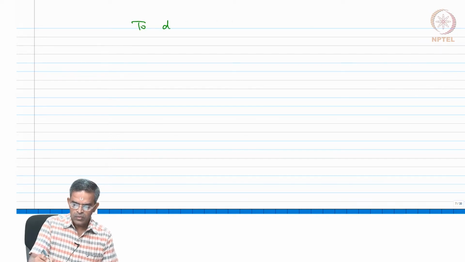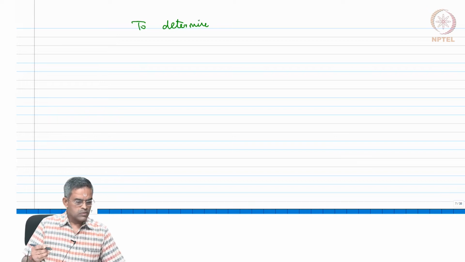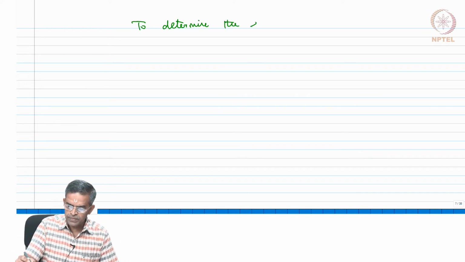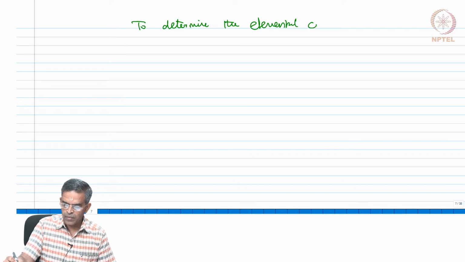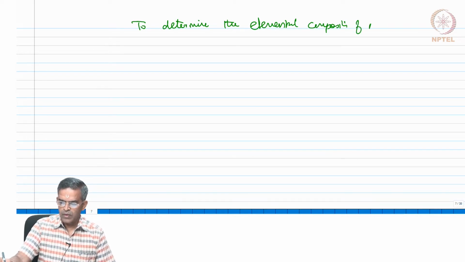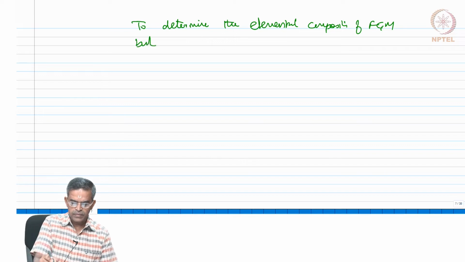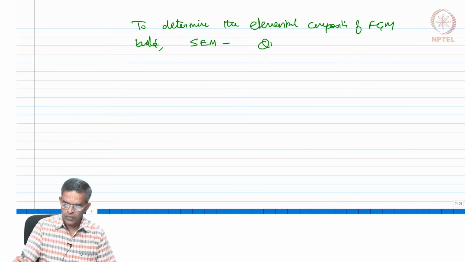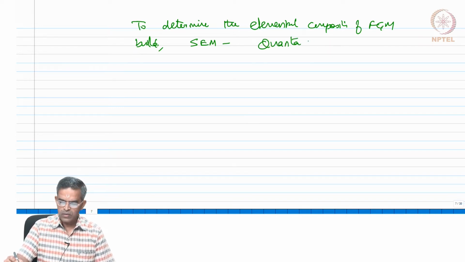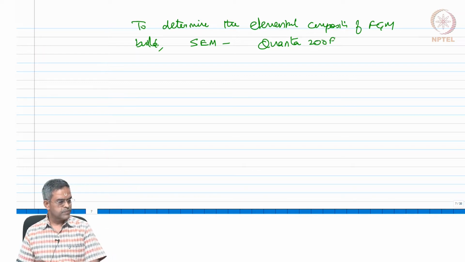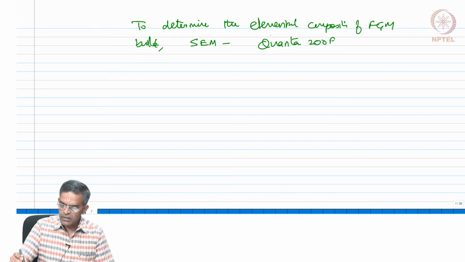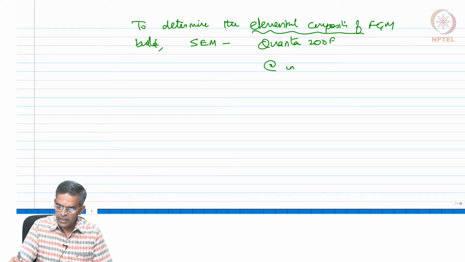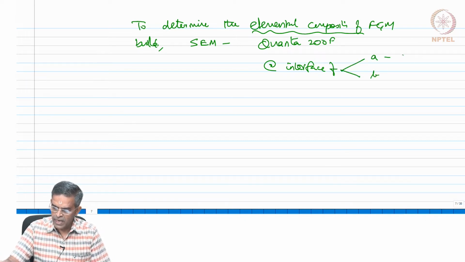So, now to determine the elemental composition of the FGM build, we use a scanning electron microscope, which is the Quanta 200F, to check the elemental composition essentially at the interface of two metals, let us say A and B. A is duplex stainless steel and this is carbon manganese steel.